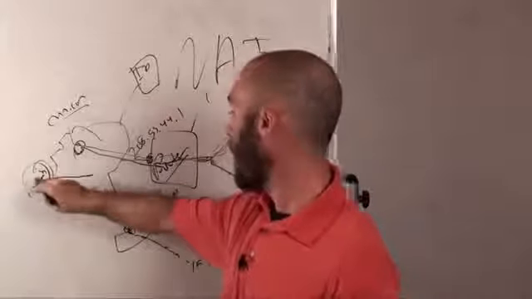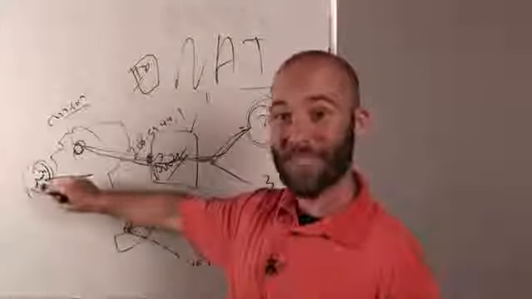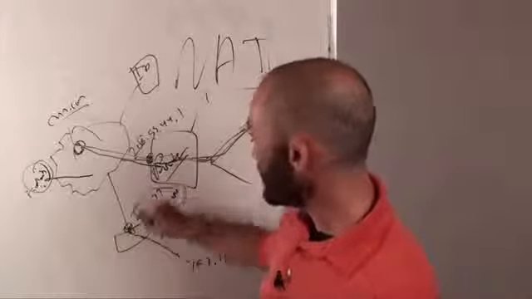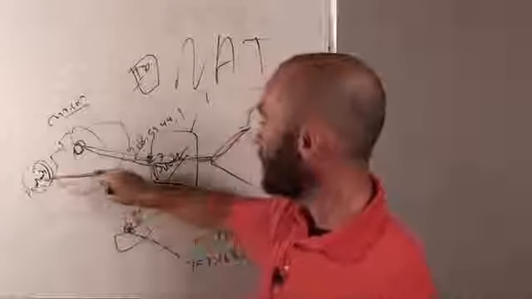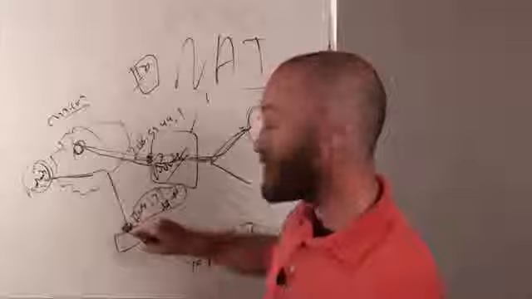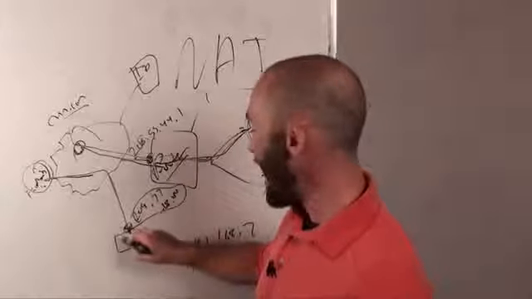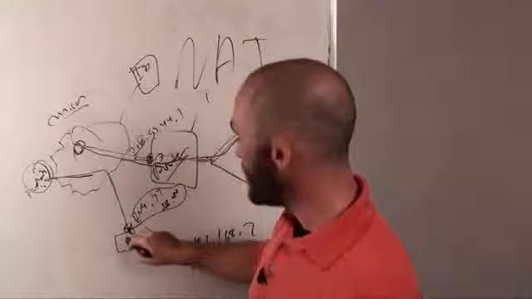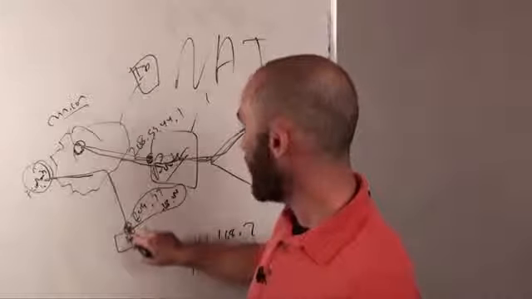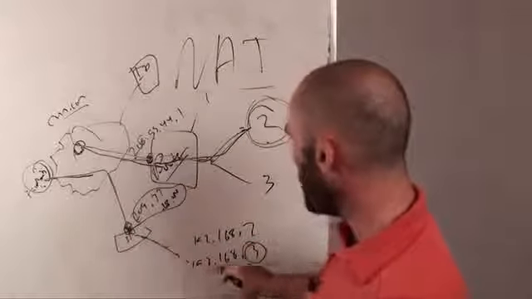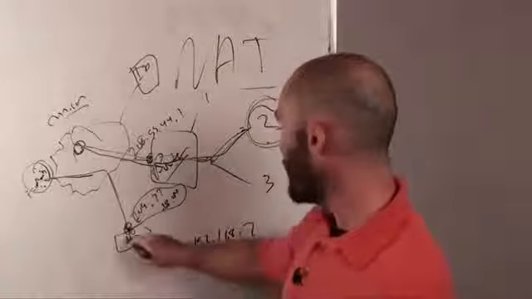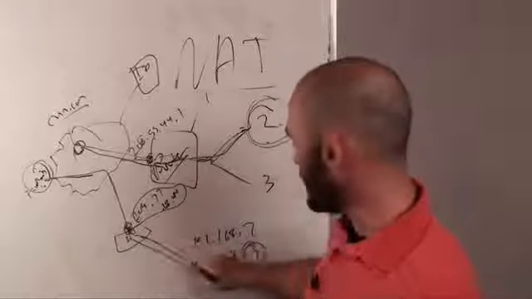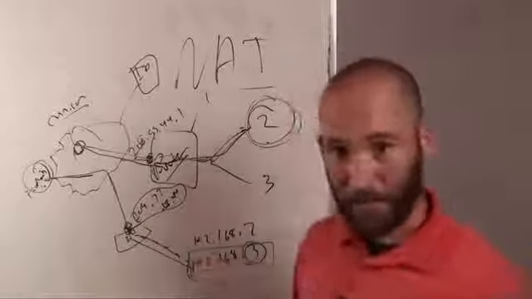Facebook is going to go, oh, I see the person requesting this information is this external IP address. So Facebook will send the data back to this external IP address. NAT is built into this router. This router goes, oh, I see that 192.168.1.3 is the one that asked for this information, and then the information will get routed here.